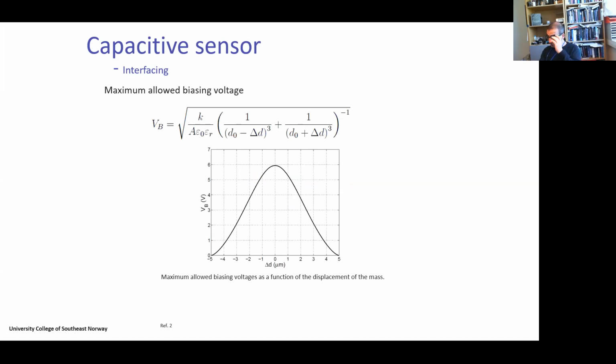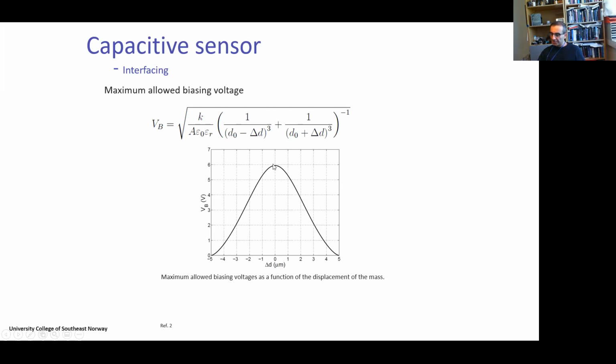Another curve shows what happens if you increase the biasing for the same structure. I had to jump over one slide because that was a repetition of the previous ones. We see delta D as a function of VB. As VB becomes 6 volts, delta D becomes 0.